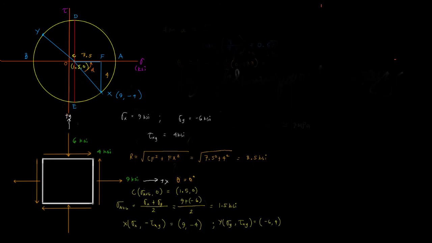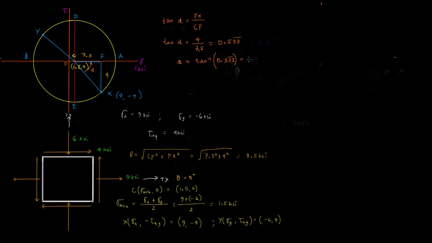In our problem, the first thing that we're going to determine is the orientation of the planes of maximum in-plane shearing stress. To do that, we need to find this angle right here that we're going to call alpha. That is equal to 28.0576 degrees. First, we're going to define our theta A, that is just half of our alpha, 14.0288 degrees.